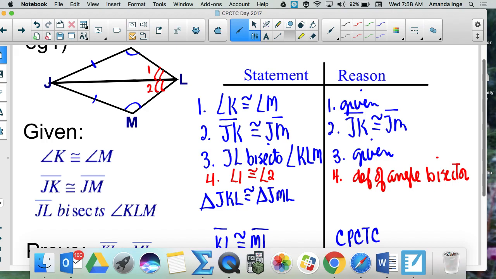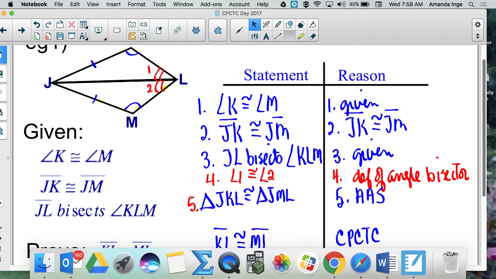Okay, so now we can say that triangle JKL is congruent to triangle JML, and what would the reason be? Well, we have an angle and a side. So we're going to say the reason is angle, side.